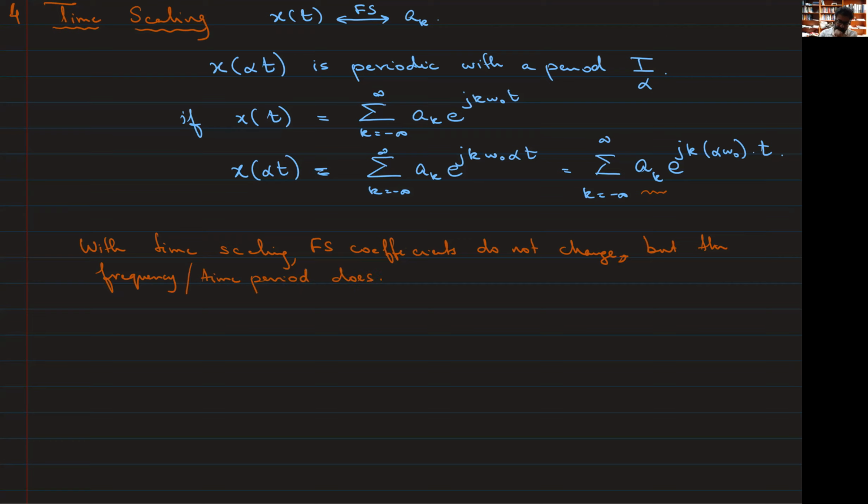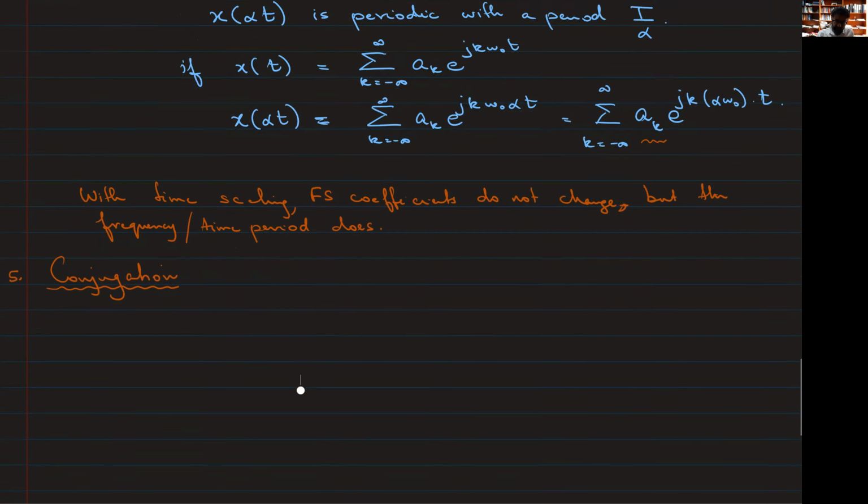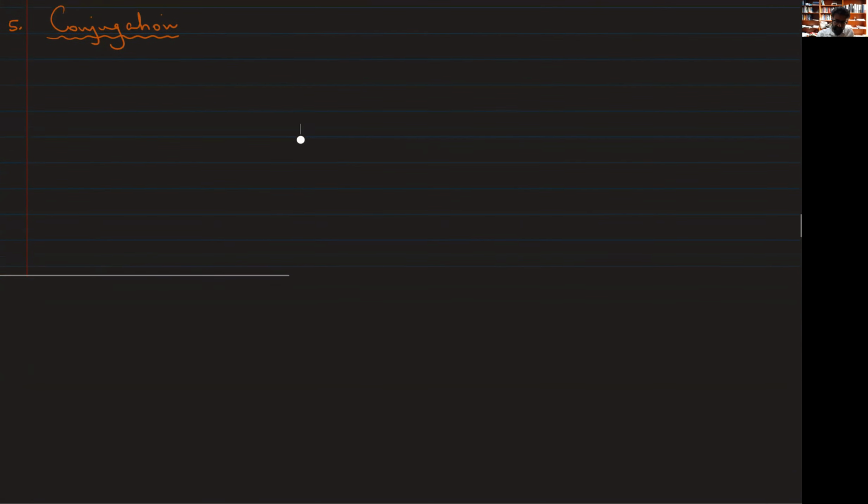Okay, so let me talk about conjugation. This is where we'll try to answer some of the observations that some students made in the first class that we did. If you recall, one of the observations that a student made, I think Hassan, it was you, was that the Fourier series coefficients we computed for one of our signals turned out to be conjugates.